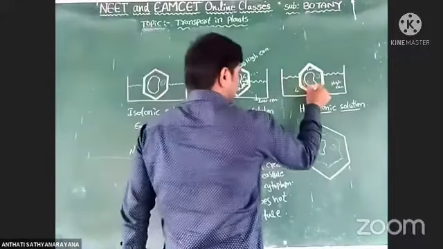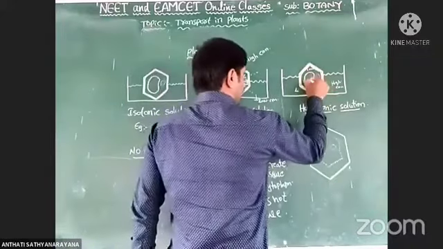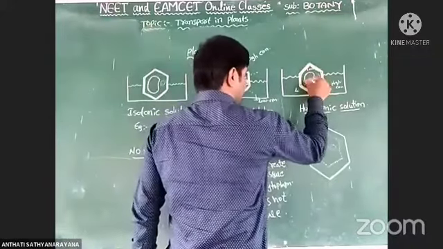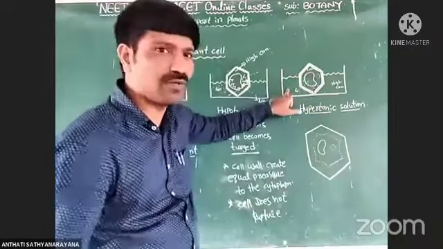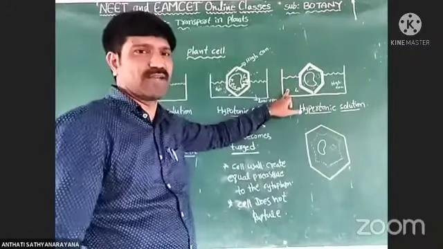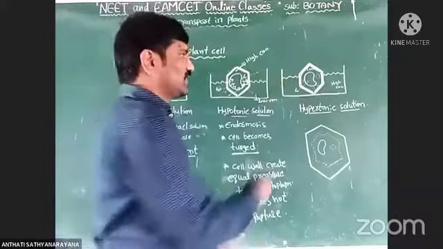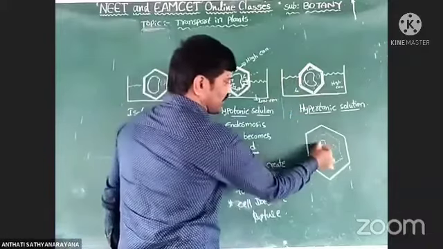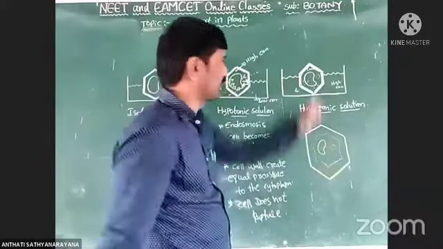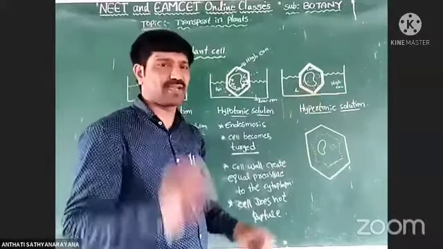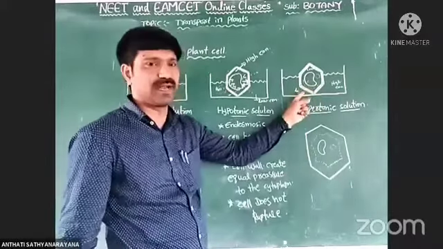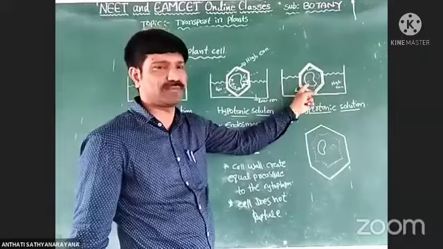First, inside the cell, the water comes from the vacuole to outside of the cell. So the vacuole size becomes reduced. In a normal plant cell, a large vacuole is present.